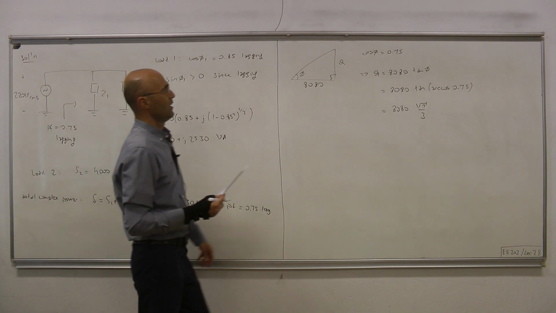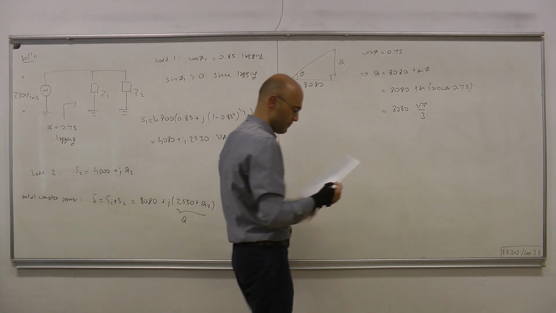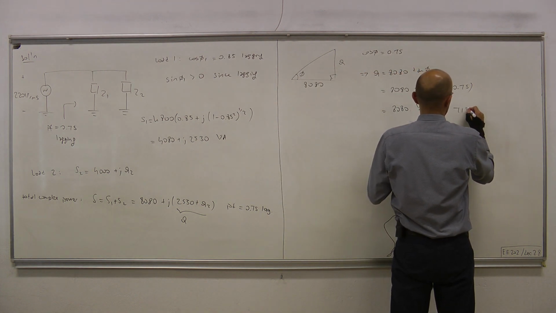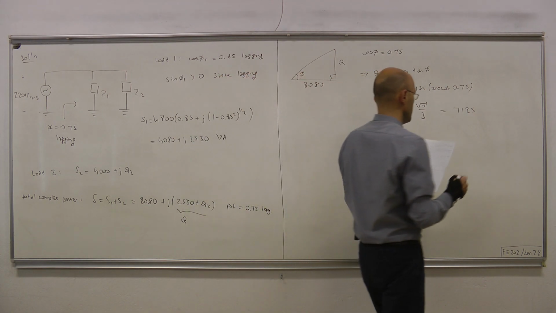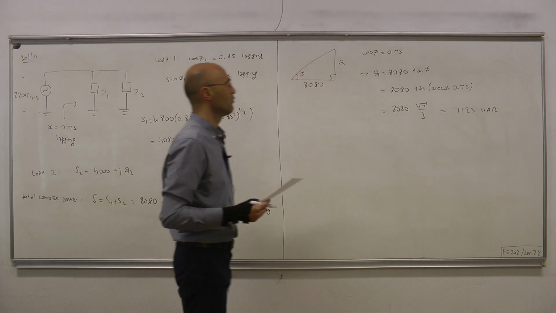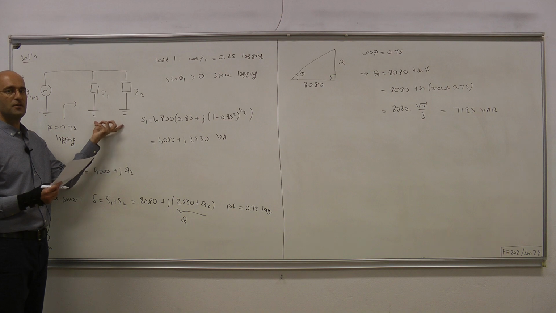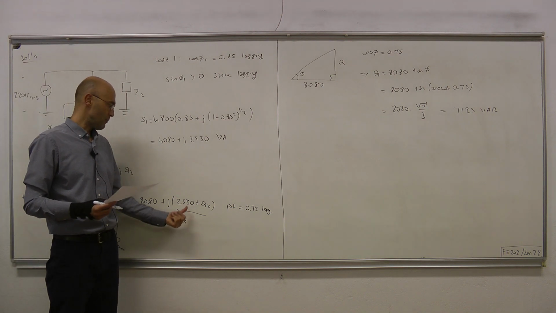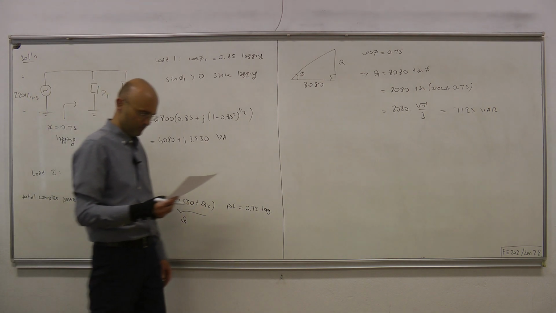Then that produces the reactive power, which reads approximately 3,125 to 7,125. The unit must be volt amp reactive. So that's the overall reactive power associated to this connection of loads, and that must equal, by conservation of power, this plus that, and from there we can figure out Q2.